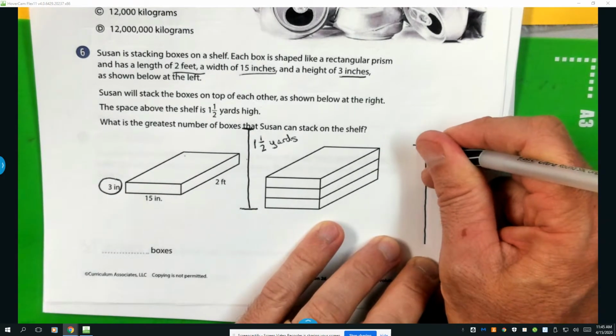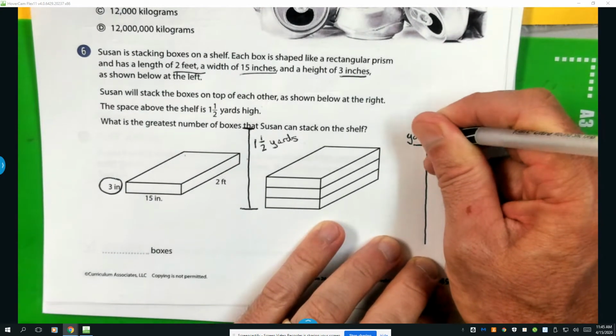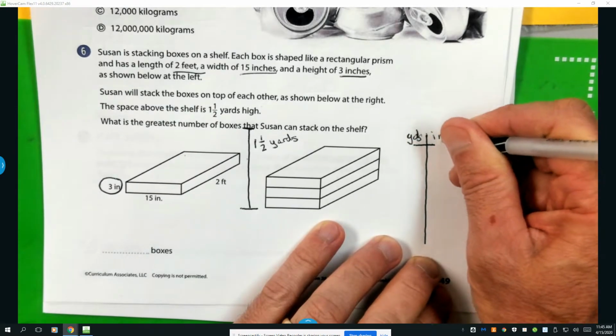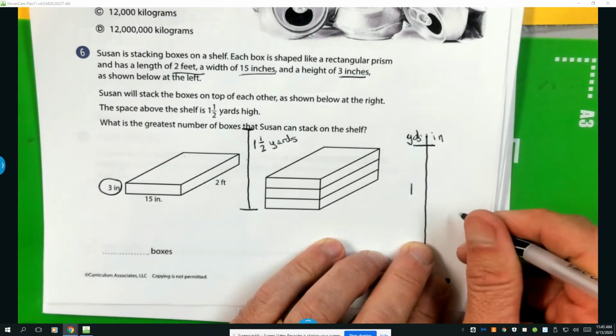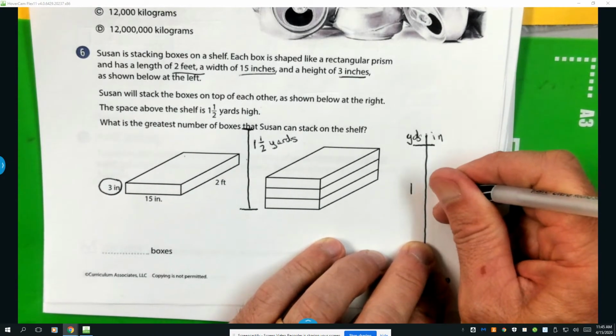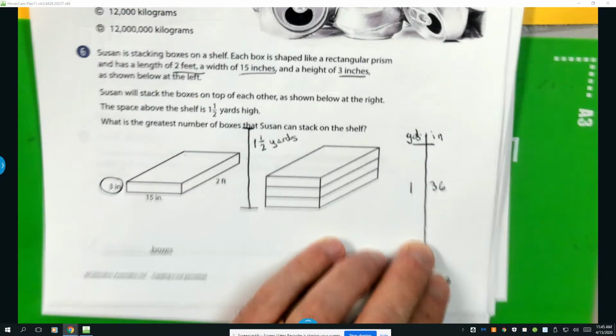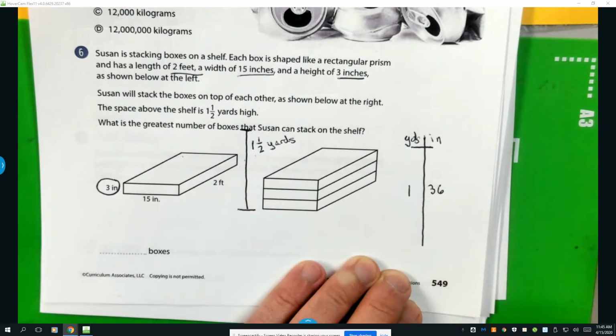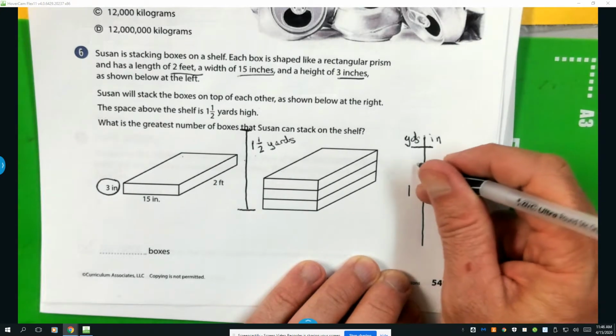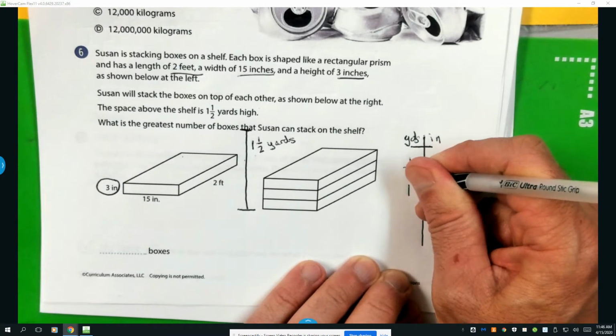So let's take a look. Let's go yards to inches. Okay. So I know that 1 yard is 36 inches. But now I can see that it's 1.5 yards. So let's just do that halving principle again. What is 1/2 of a yard?